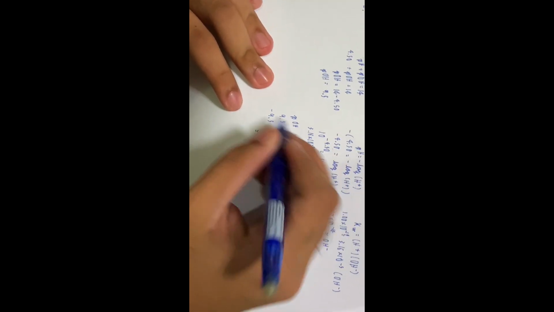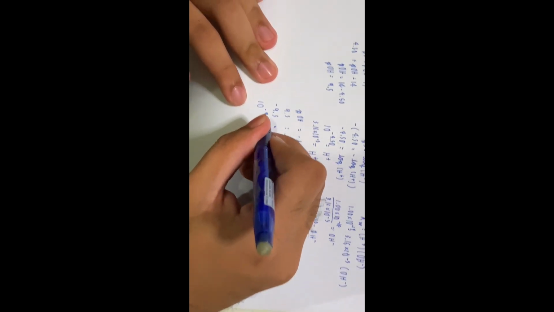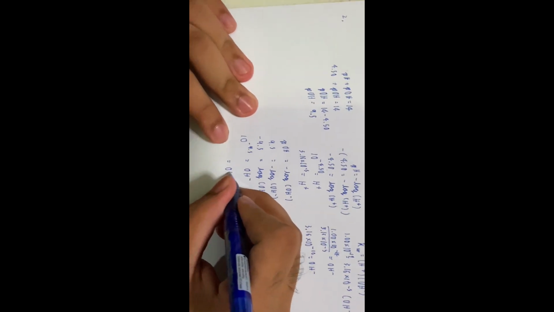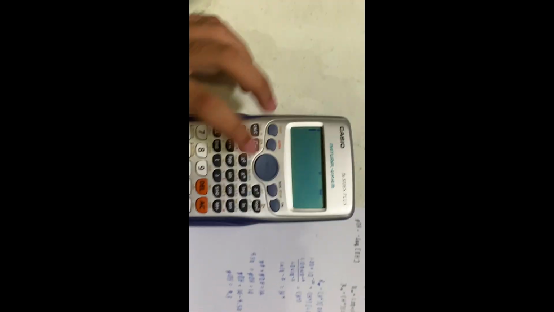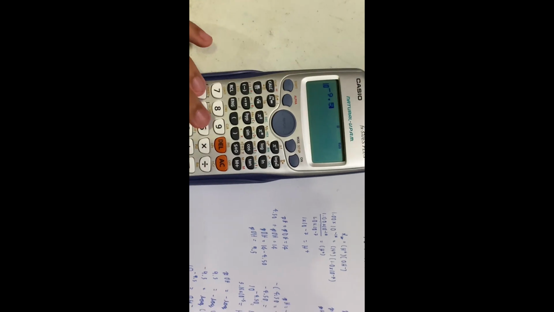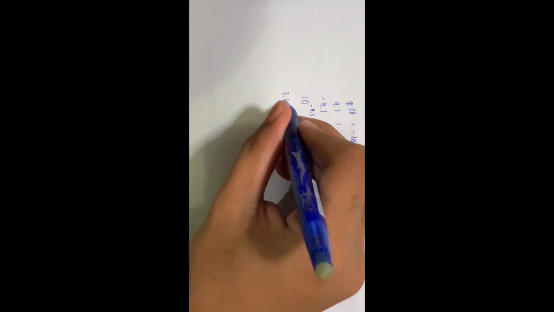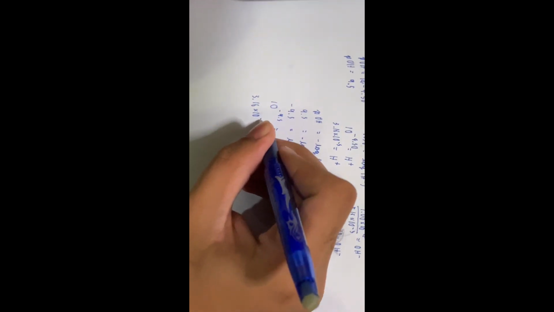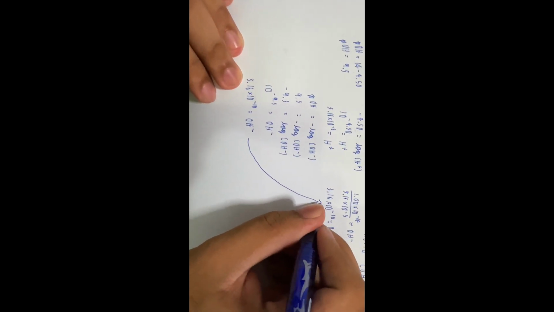And just like before, we will make it 10 to the power of negative 9.5 is equal to OH. So OH should be equal to 10 to the power of negative 9.5, which is 3.16 times 10 to the power of negative 10, which is equal to this one.